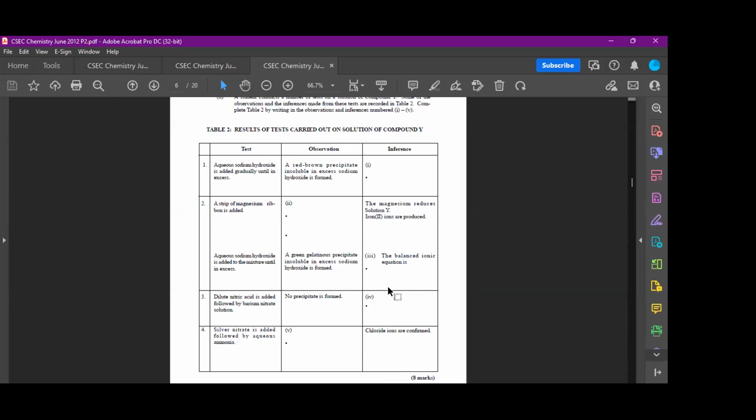All right, moving down to 4, it says dilute nitric acid was added, followed by barium nitrate solution, and there was no precipitate that is formed. What is possibly happening here?